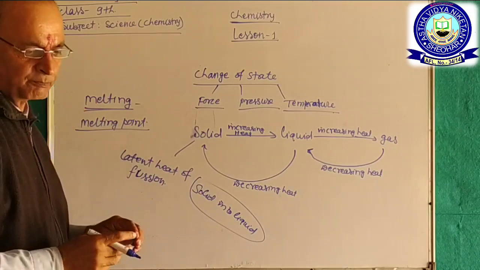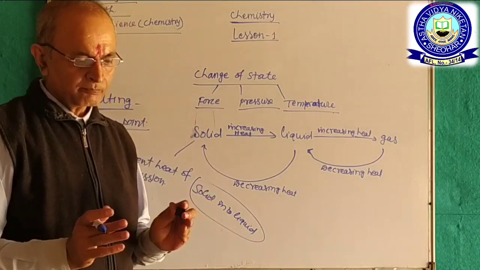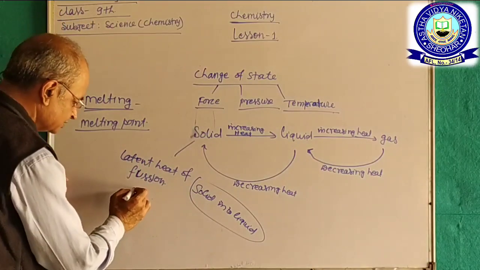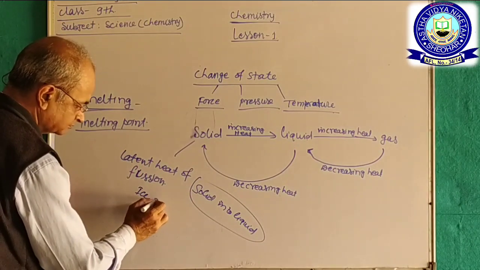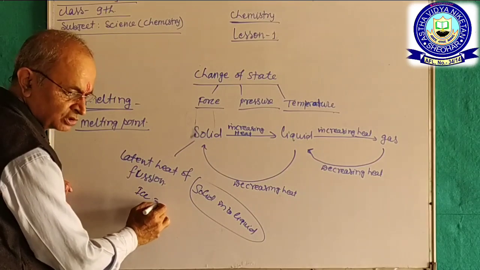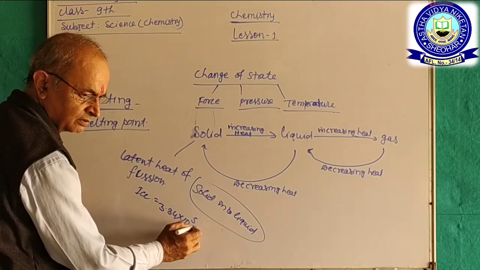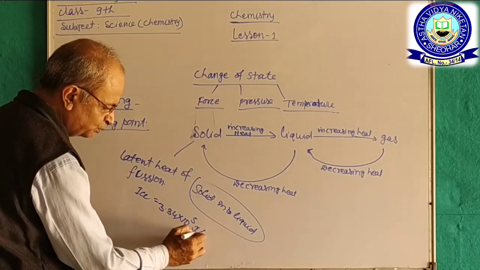Solid into liquid, that is called the latent heat of fusion. The latent heat of ice is equal to 3.34 into 10 to the power 5 joule per kg.